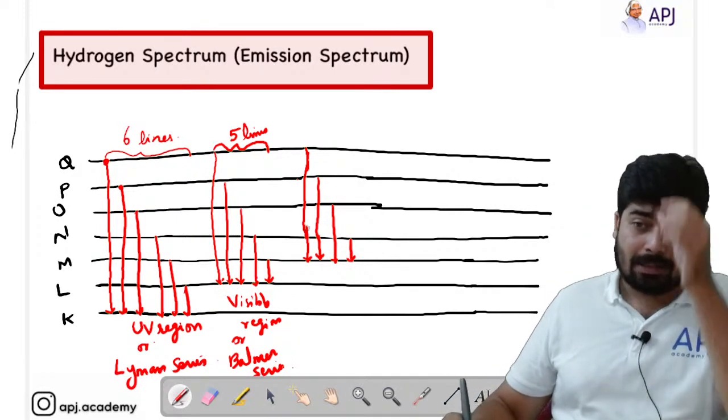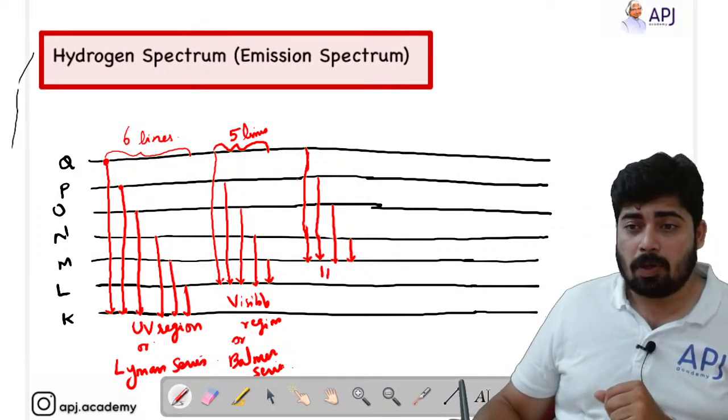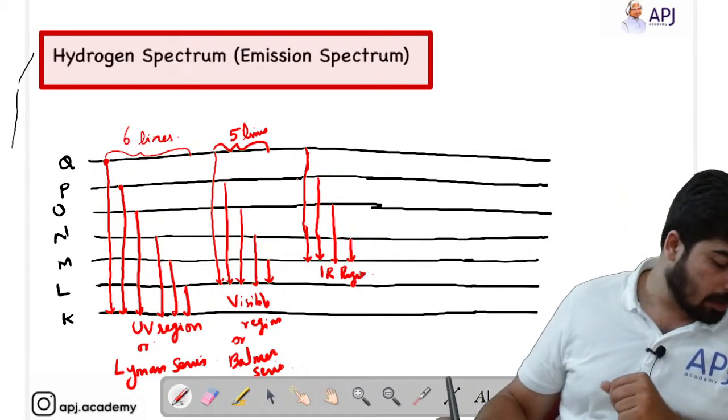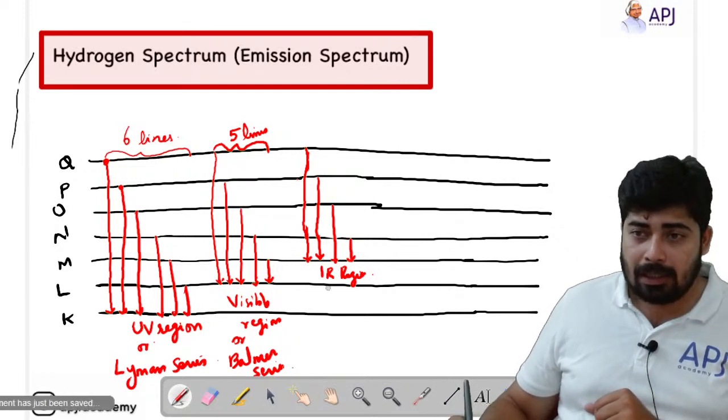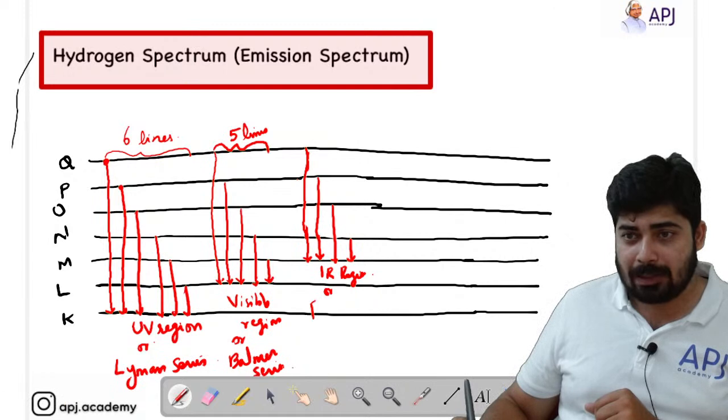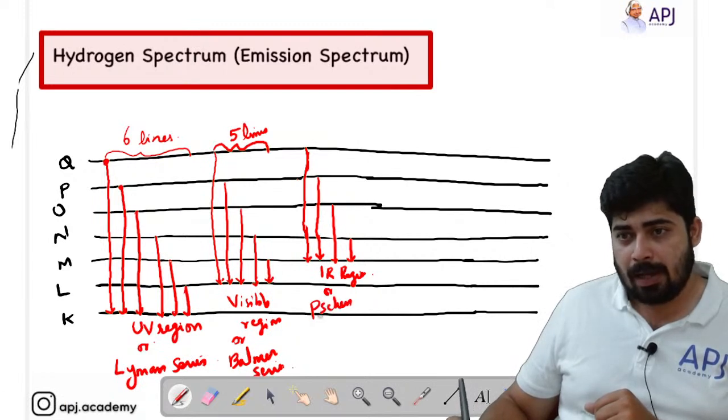This series we obtain in the IR region, that is the infrared region. It is not seen by our naked eyes. And we name this series the Paschen series.